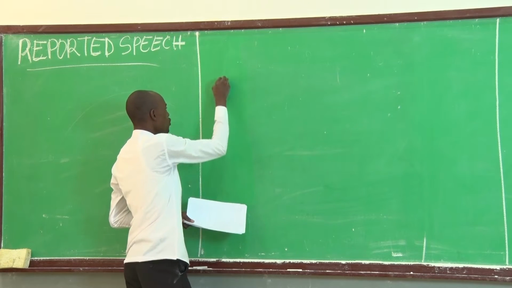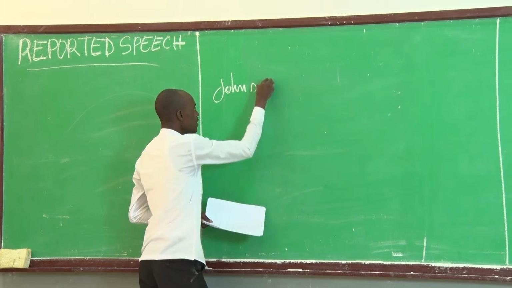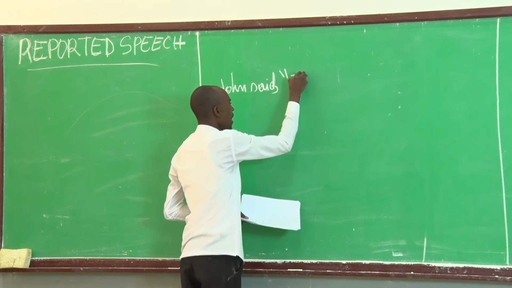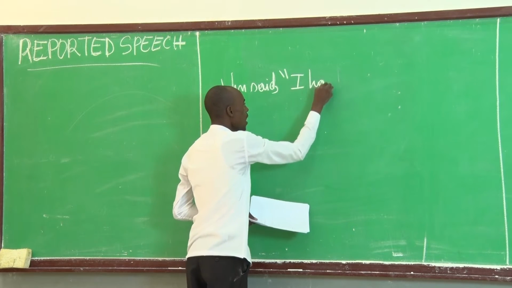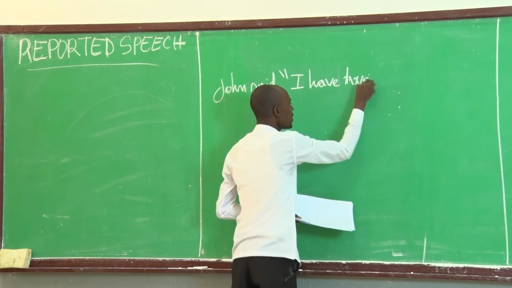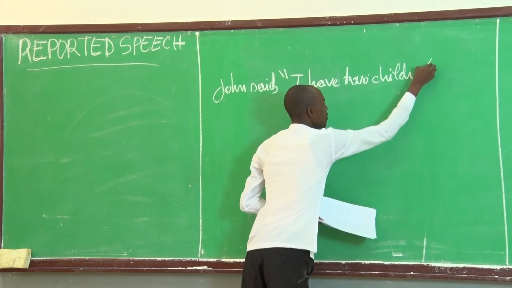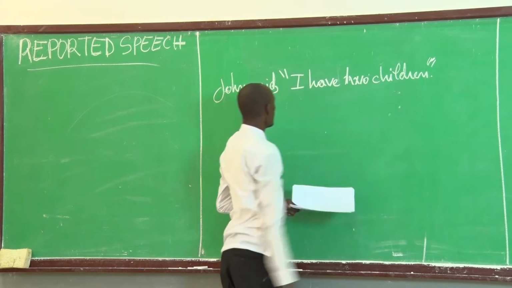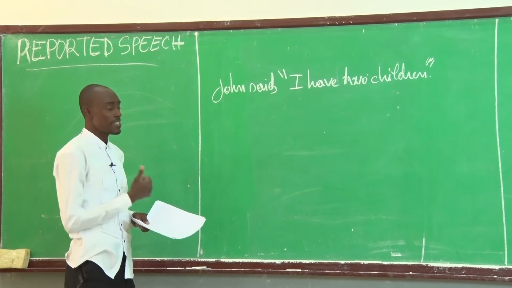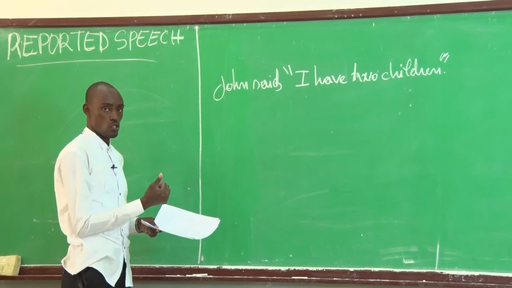We have: John said, "I have 2 children." This sentence is in direct speech.